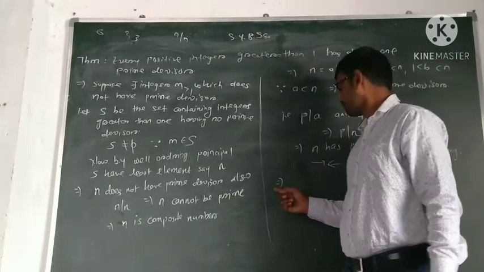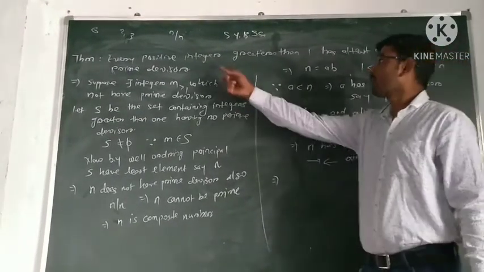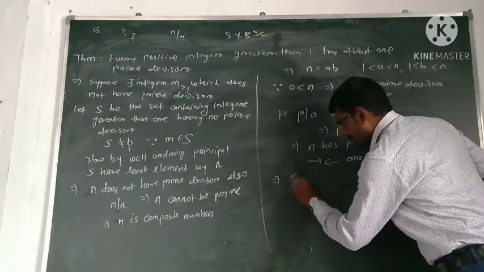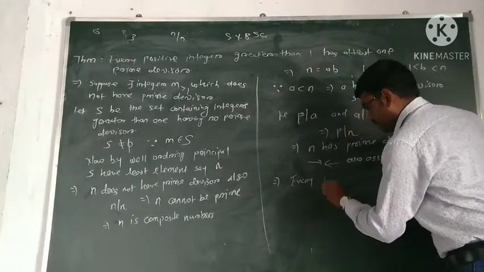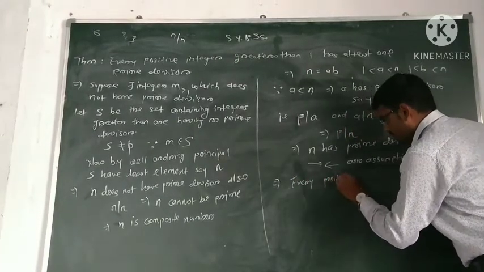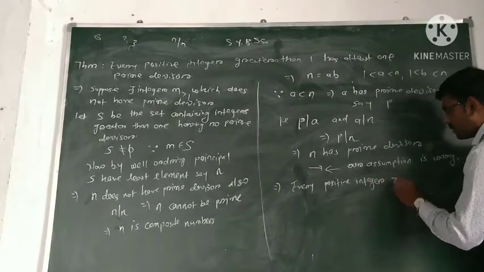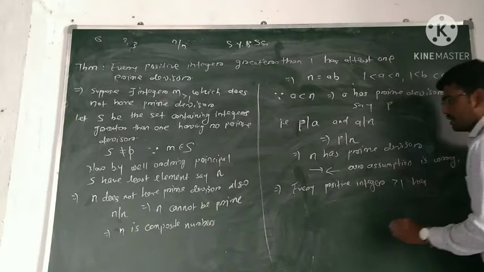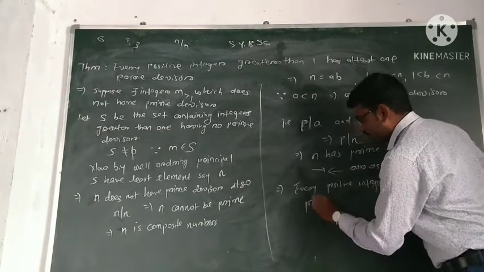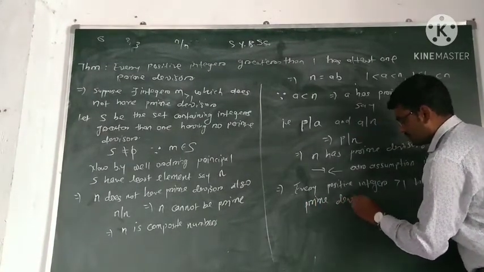This implies every positive integer greater than 1 has at least one prime divisor.